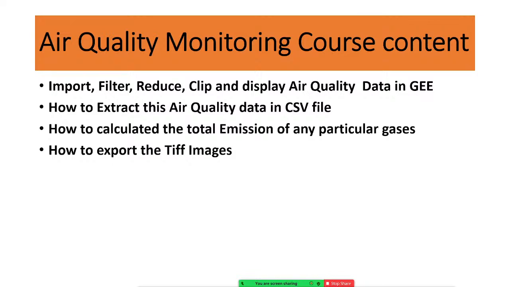Suppose you display the result on a map in Google Earth Engine and want to export this map as a TIF and use it in other software, such as ArcMap or QGIS, for making your map for a research paper as well as for a presentation.